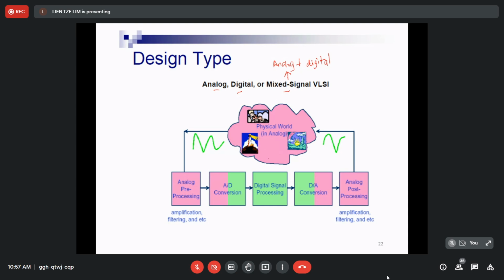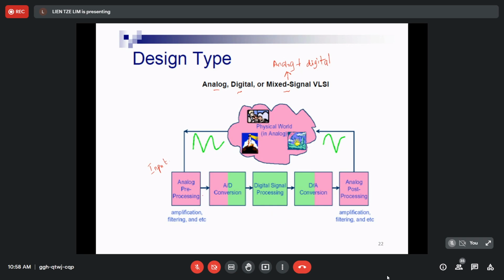Okay, so this figure shows the ADC and DAC process if the IC is operated in mixed signal mode. I think most of you can understand what is meant by this diagram. This is the input. Input is an analog signal.